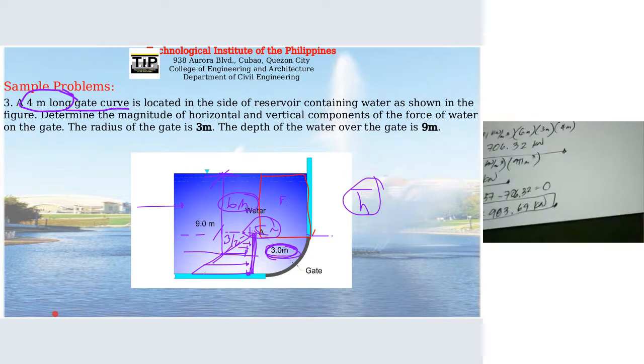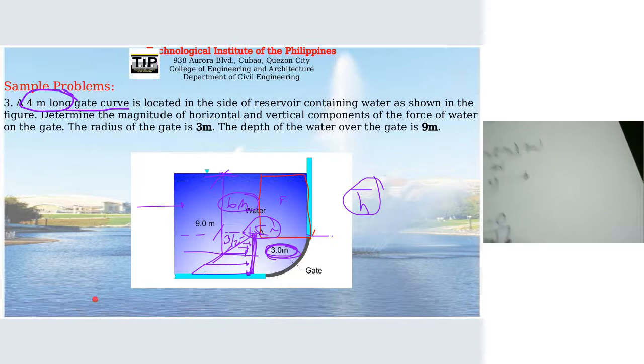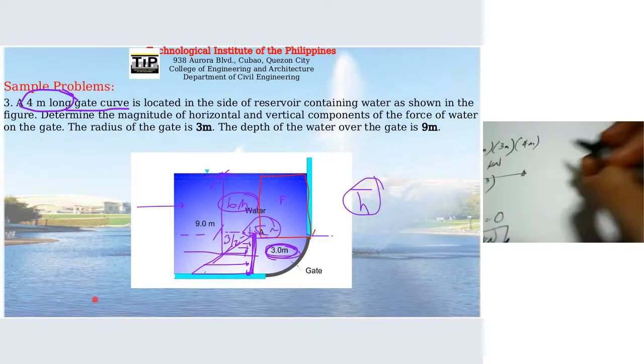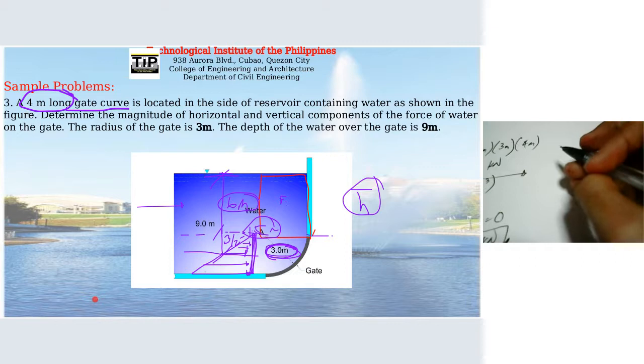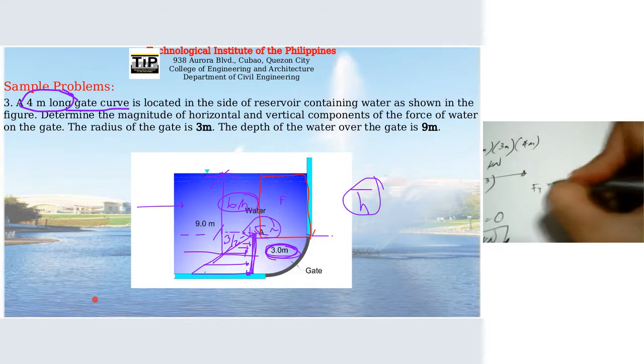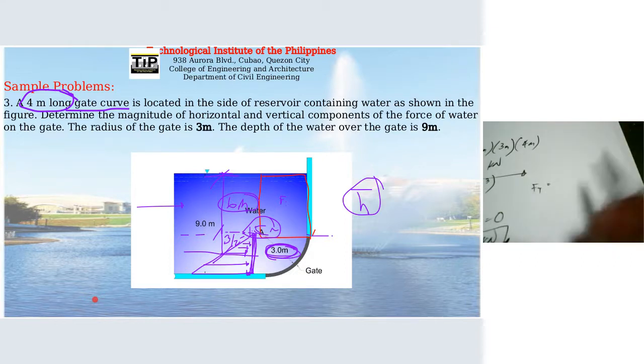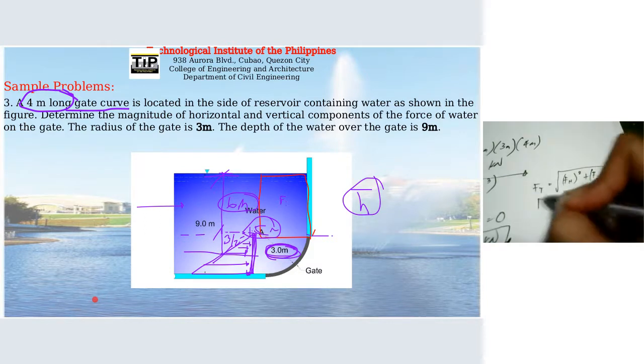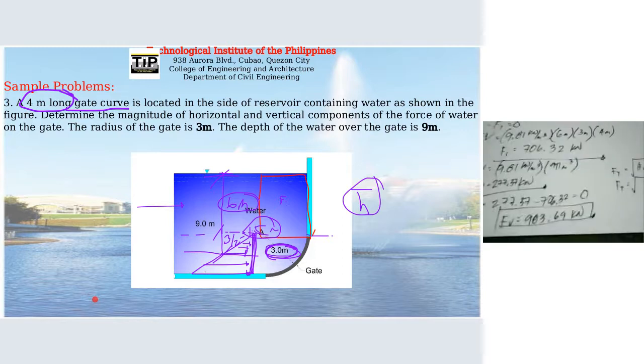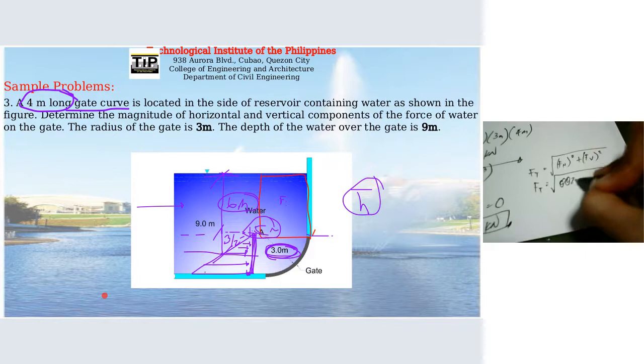Now what if the problem asks for the resultant force F sub T. So compute for F sub T, that's square root of F sub H squared plus F sub B squared. So this will be 882.9 squared plus 983.69 squared.